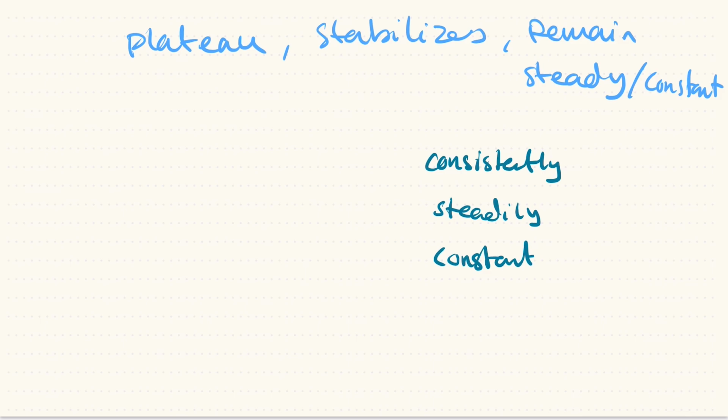There are different adverbs that you can use, but they generally mean the same thing: consistently, steadily, and constantly. So you can say that the graph plateaus at 10,000 consistently after X number of months, for example.